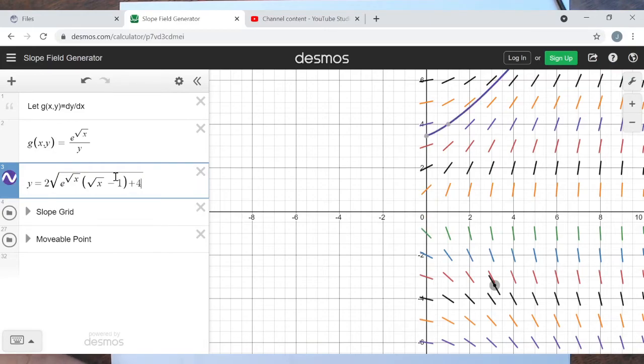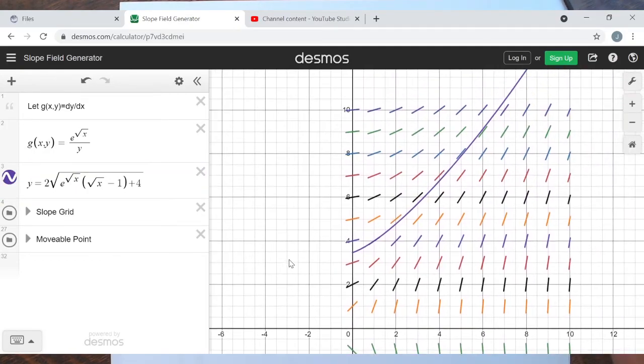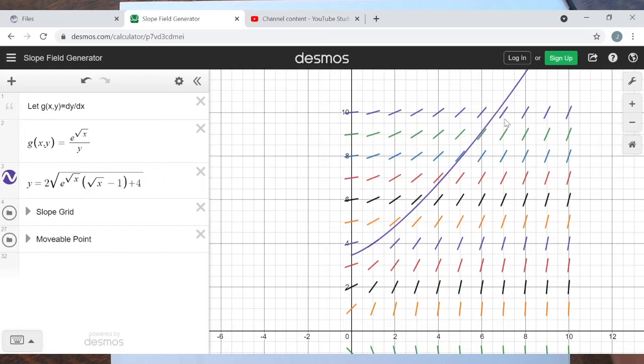And look at this. There's a solution there, this purple curve that showed up. And you see how it's following along in the same direction as these little lineal elements of the slope field, all these little slopes. It seems to be following that same flow. Looks like it fits the slope field pretty well.